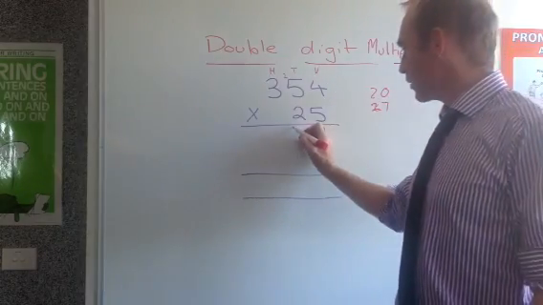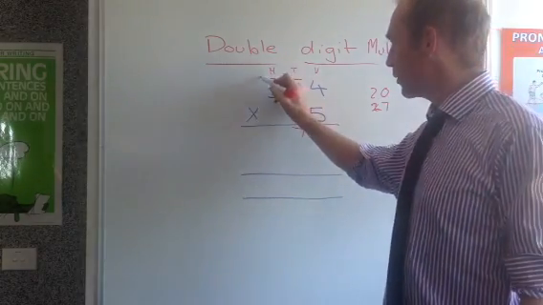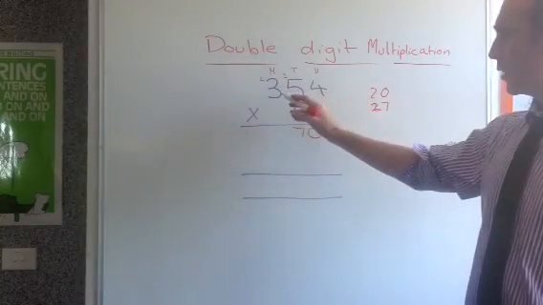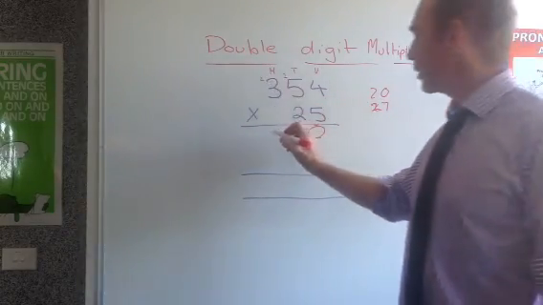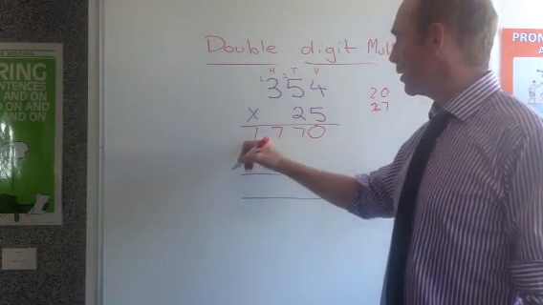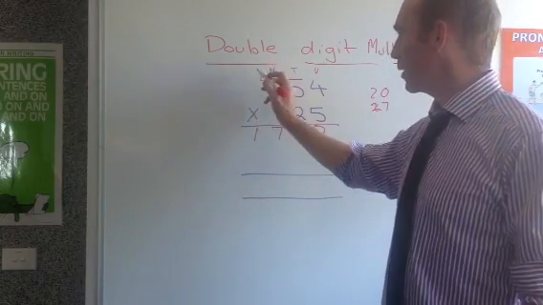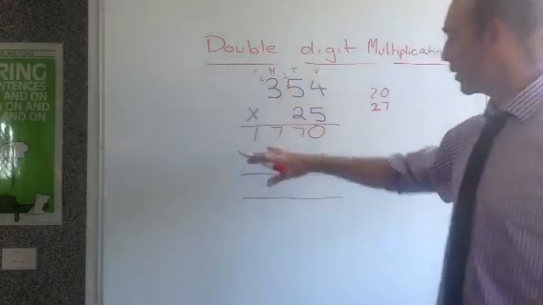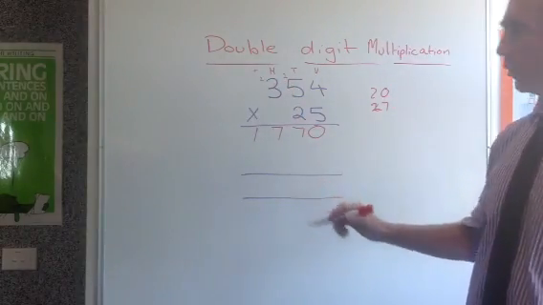So the 7 goes down, carry the 2. 5 times 3 is 15, plus the 2 is 17. And you'll notice that this 1 is over here, which would be in the thousands column. So keep them all lined up, very important.